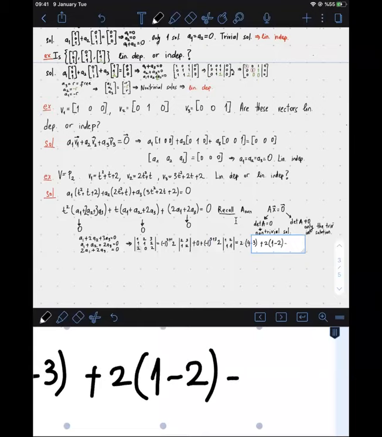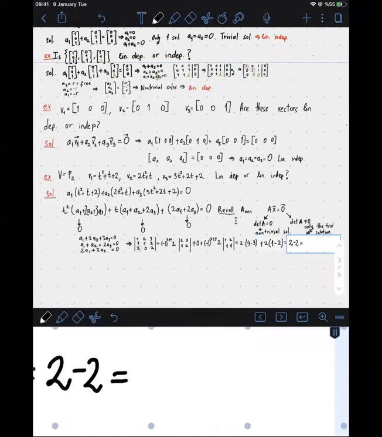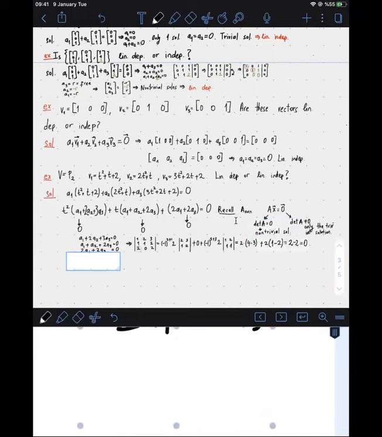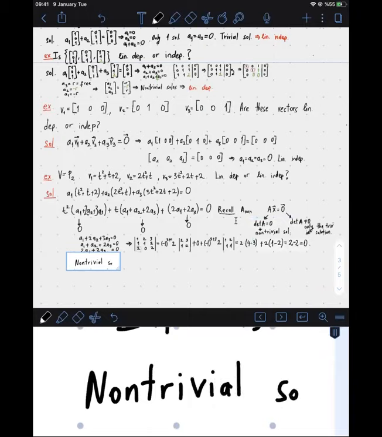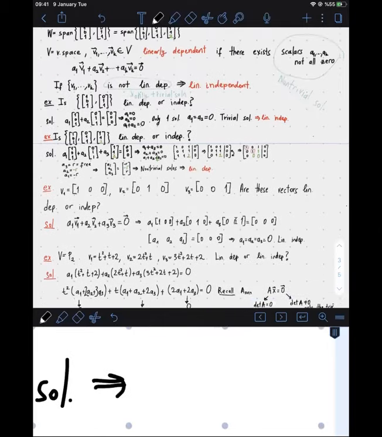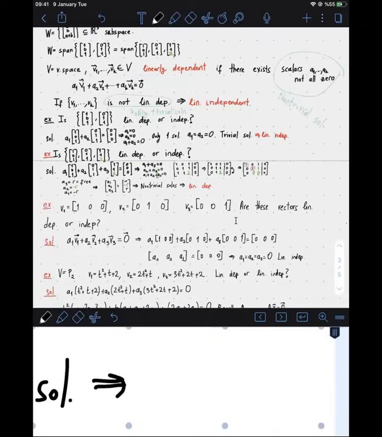What is the answer? So this is 2 minus 2, right? Which is 0. Okay, since determinant is 0, then we have some non-trivial solutions. Non-trivial solutions. So if we have non-trivial solutions, then what do we say?